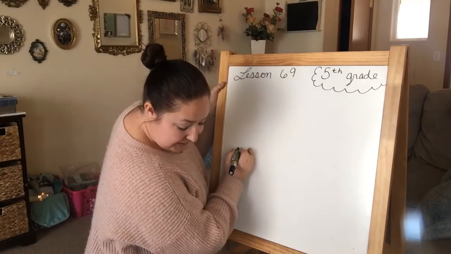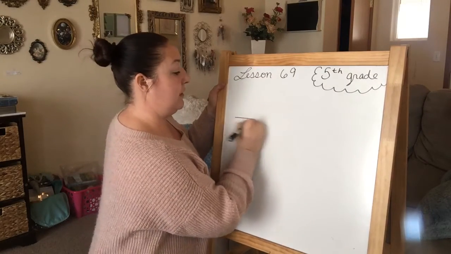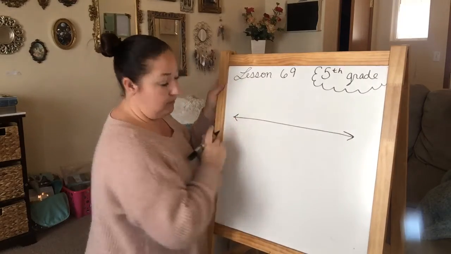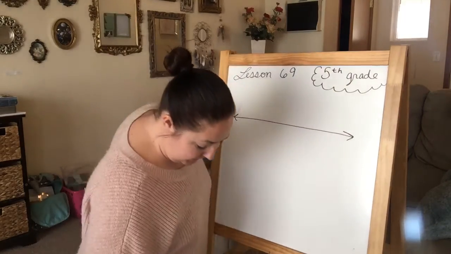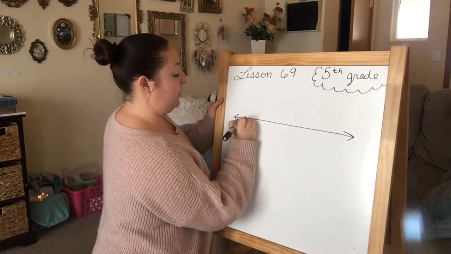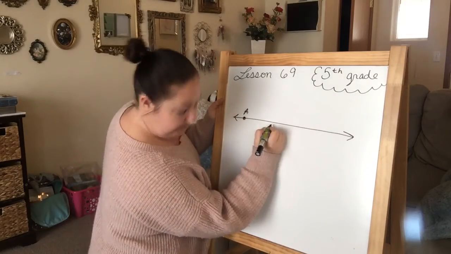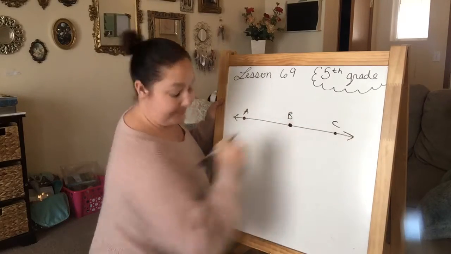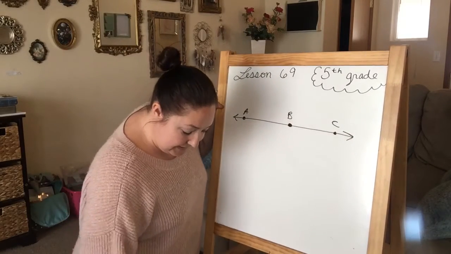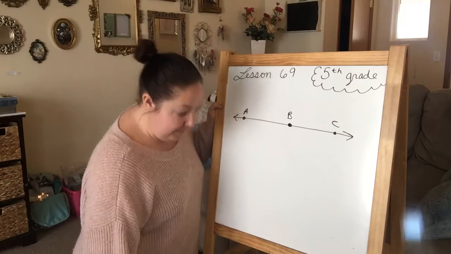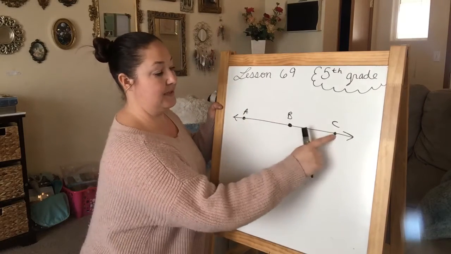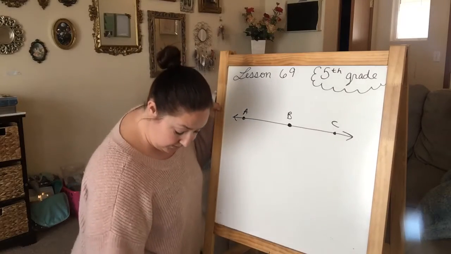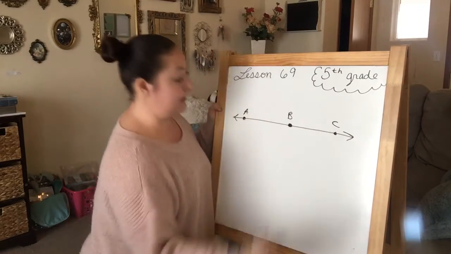So in the figure, we have a length, looks like a line. Arrows, we know they go infinite in either direction. Then we have point A, point B, and point C. And it says the length of AC, so the whole length from this point to this point, is 60 millimeters.